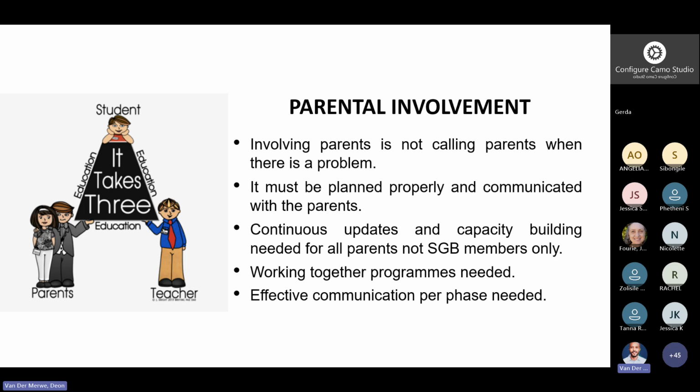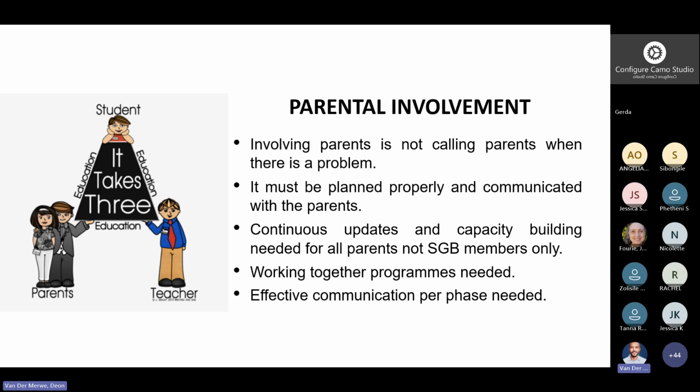And then Dr. Fourie spoke about parental involvement. And I also just want to highlight the importance of parental involvement within the whole process. I want to emphasize the fact that involving parents is not calling parents when there's a problem.